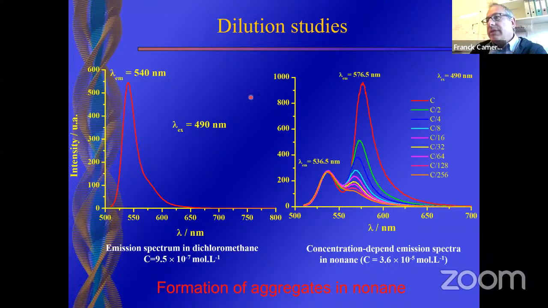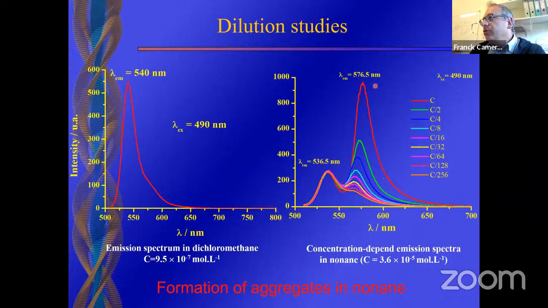So as I said, this is the normal emission spectrum of the molecule in a good solvent. Let's say here dichloromethane, you have only one emission band, which is characteristic of BODIPY. But if you put now this molecule in a bad solvent, you have two emissions, one coming from the isolated molecules, and another one coming from the aggregated molecules, which are called excited dimers.